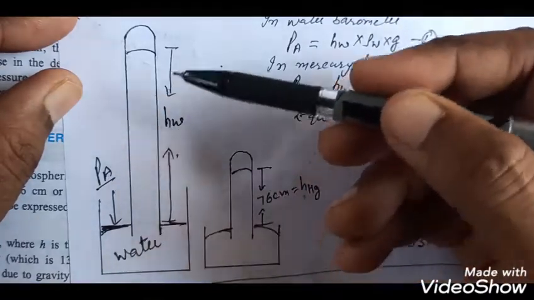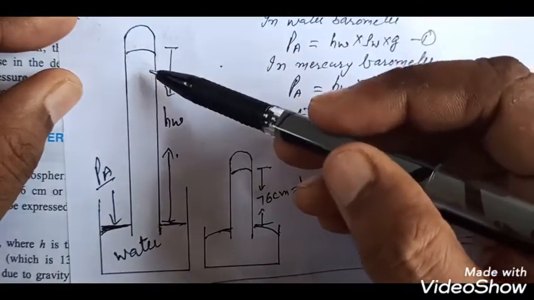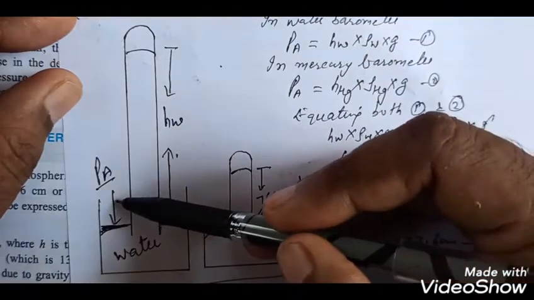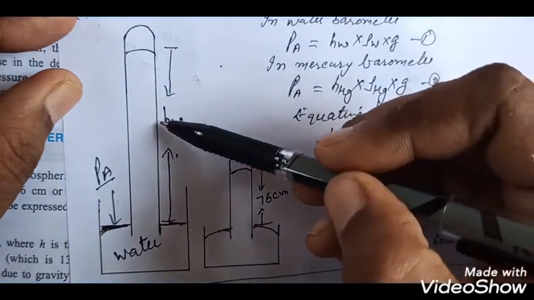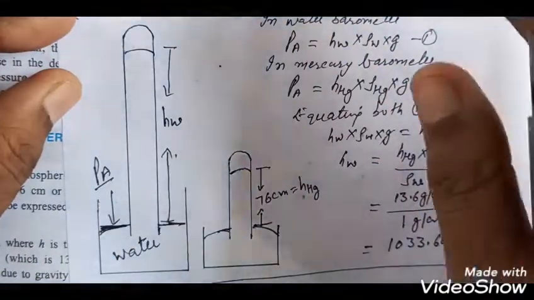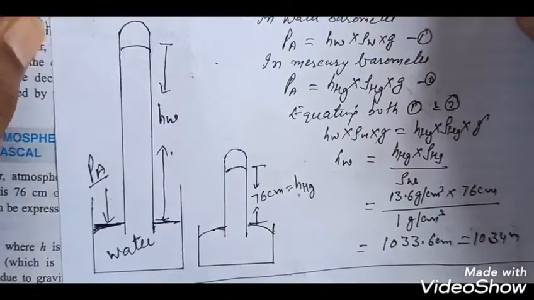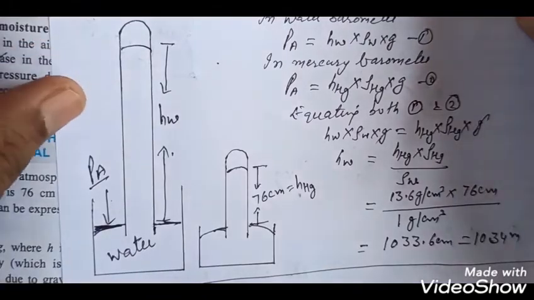If you make this, then a certain height of water from here to here will balance the atmospheric pressure outside. We don't know this height. Although we know the density of water, we don't know the height of the water column in the barometer which can balance the atmospheric pressure. That is the equivalent height in a way.